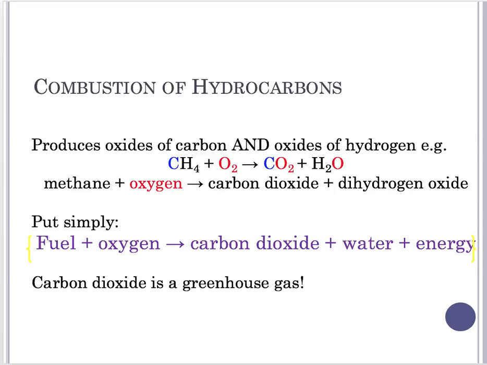Hydrocarbon plus oxygen giving us carbon dioxide and water is also complete combustion. And our incomplete combustion reactions are carbon and oxygen, giving us carbon monoxide, and hydrocarbon plus oxygen, giving us carbon monoxide plus water. Okay?